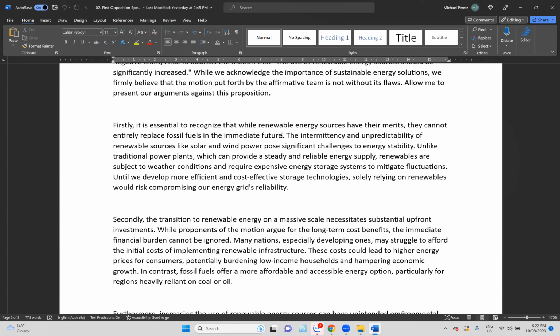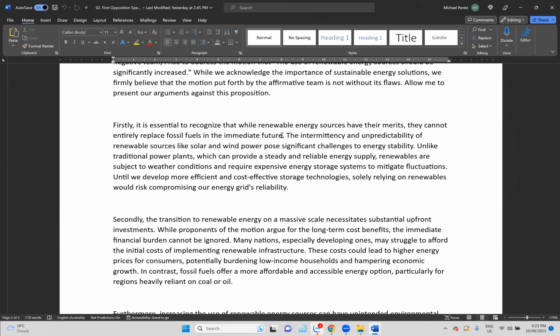where we're saying, yes, renewable energy can help us in the future perhaps, but the proposition team are arguing we need to go 100% green energy and we need to do it now. We're saying it can't be done like that. There's going to be too many problems. The intermittency and unpredictability of renewable sources like solar and wind power pose significant challenges to energy stability.